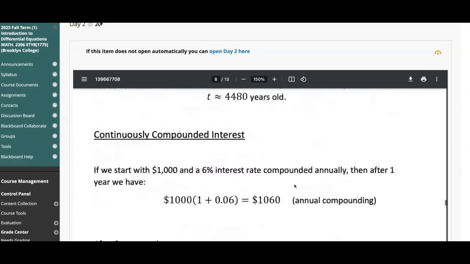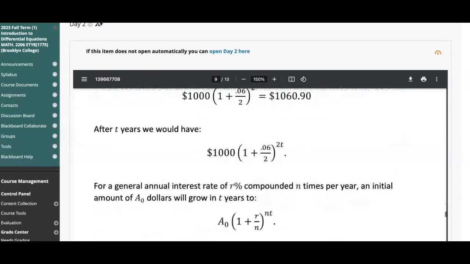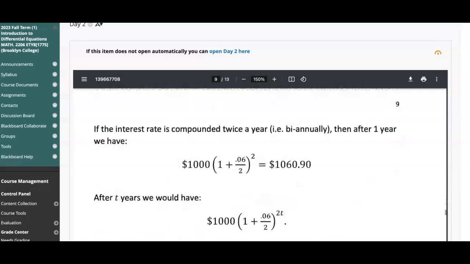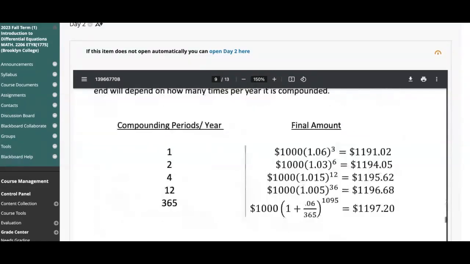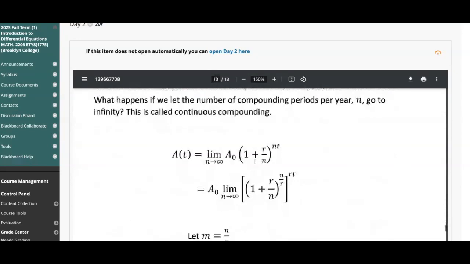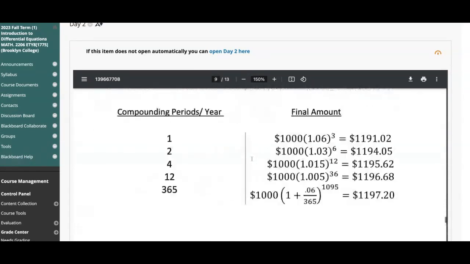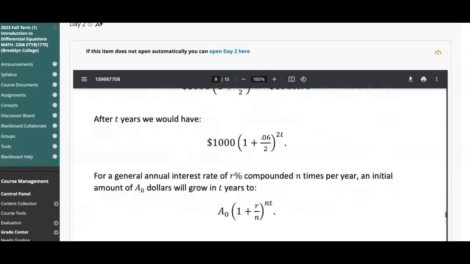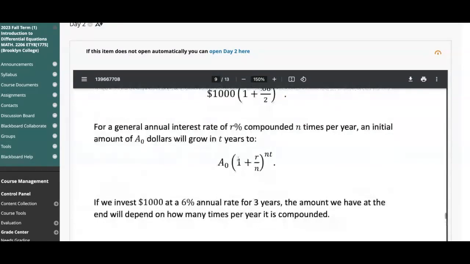Okay, let's go to the general formula. When you compound it once, n equals 1.